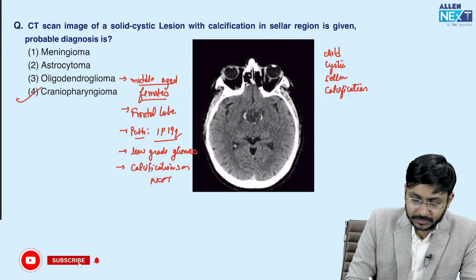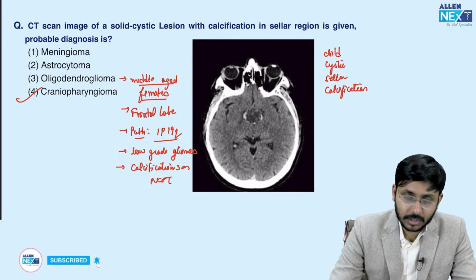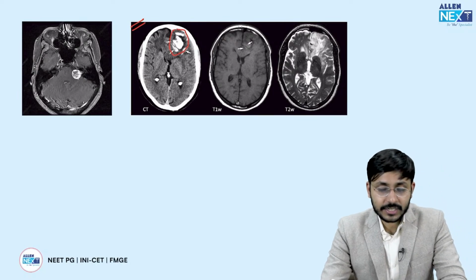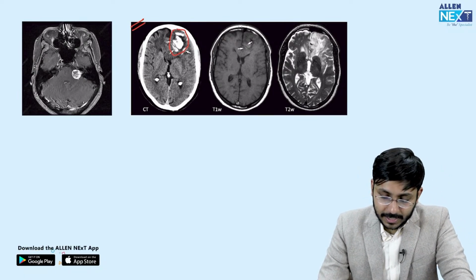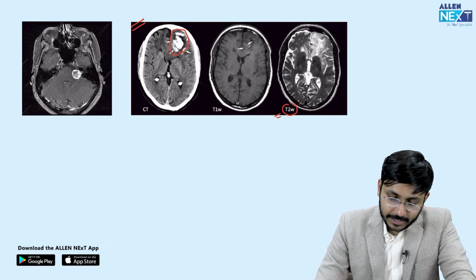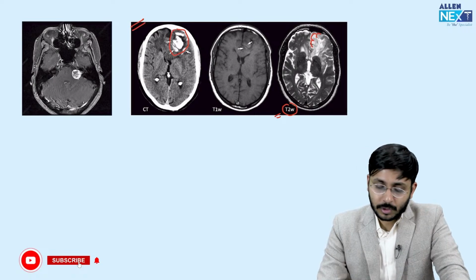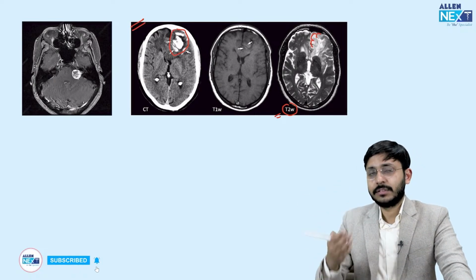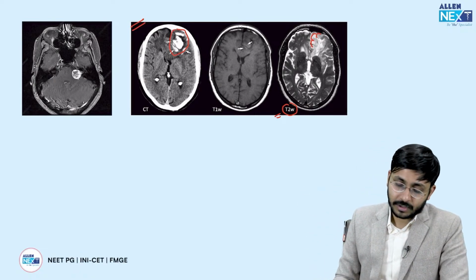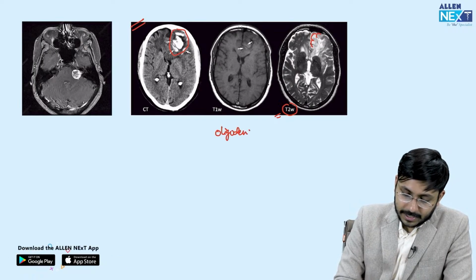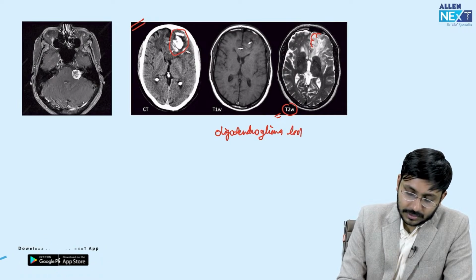On a non-contrast CT, you see this mass in the left frontal lobe which has calcifications within, correct? And on T2 weighted MRI, it is showing T2 bright signal, and it is involving the cortex and the subcortical white matter of the left frontal lobe. So this is how an oligodendroglioma looks like.